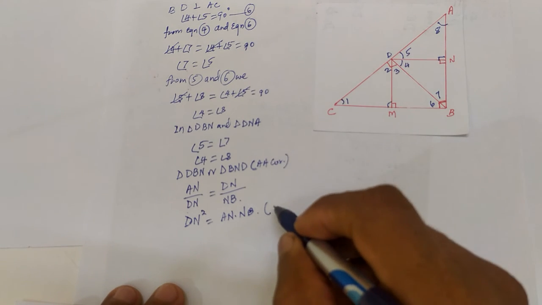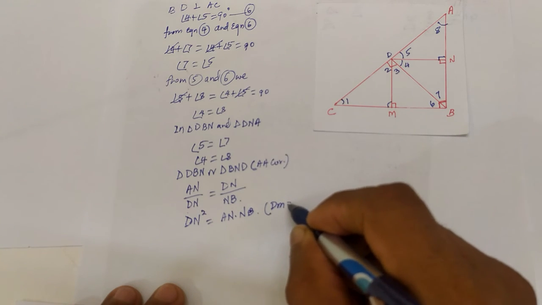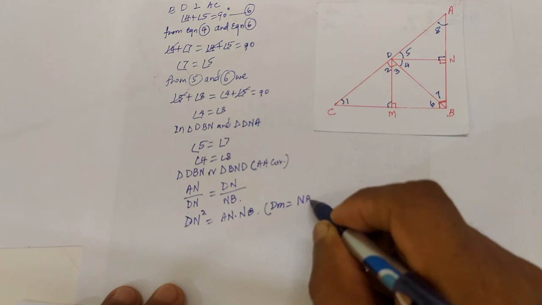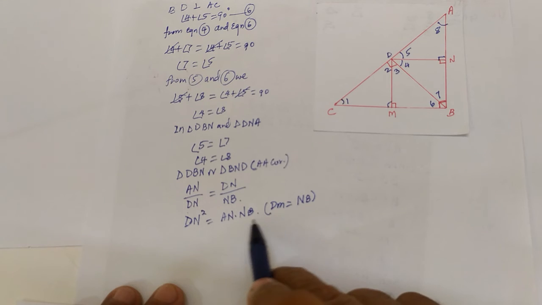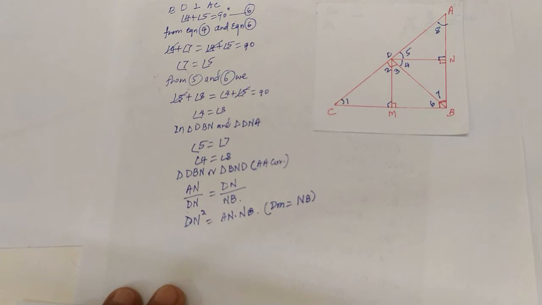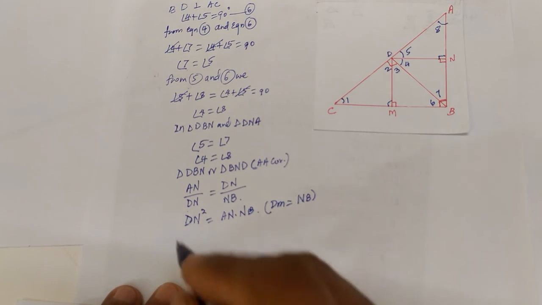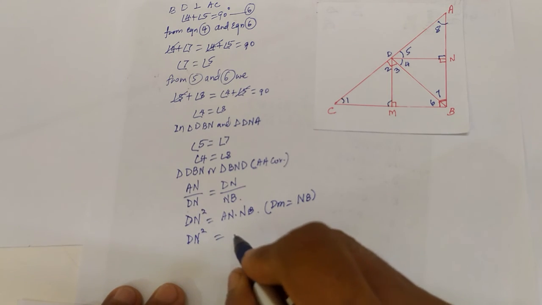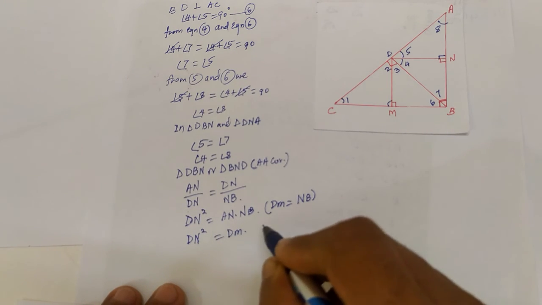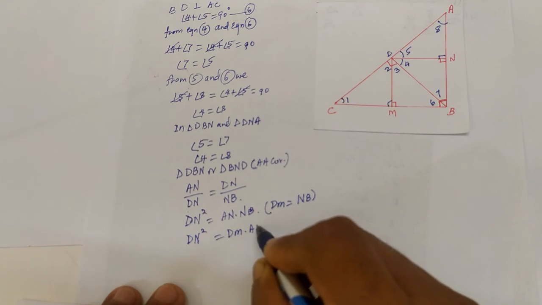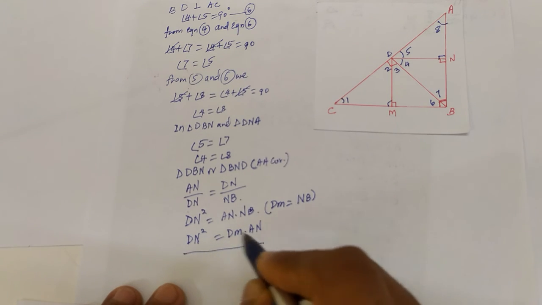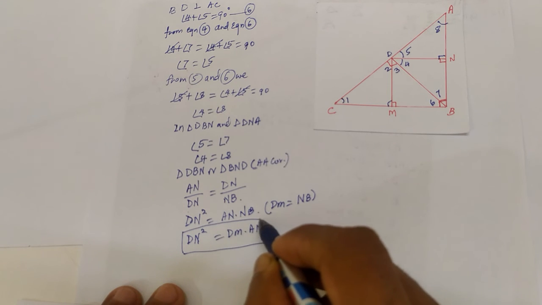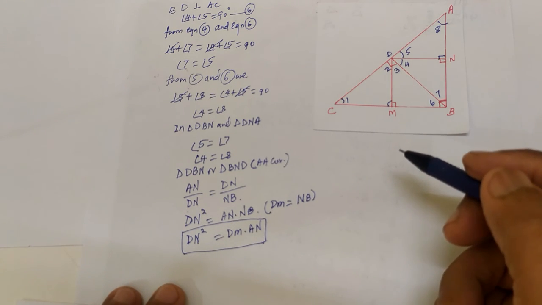So instead of NB we can write DM. So DN square is DM into AN.